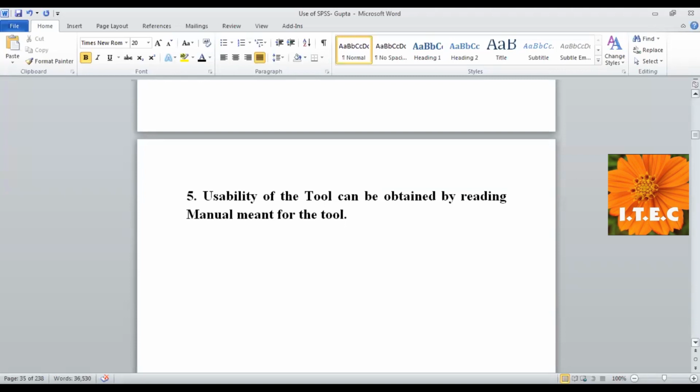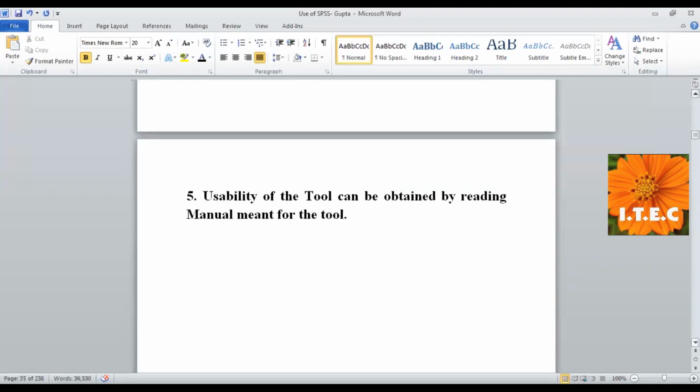So how many items are there? Which items are related to home adjustment, which items are related to social adjustment, which items are related to personal adjustment, and so on and so forth.